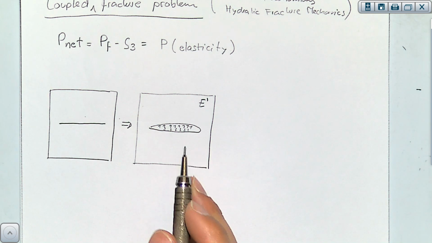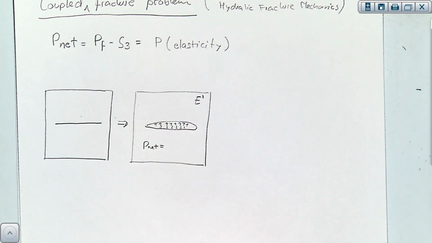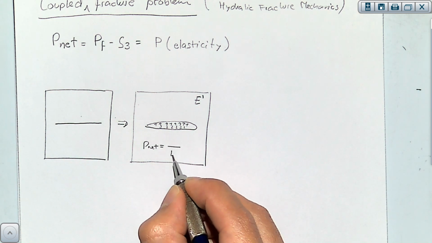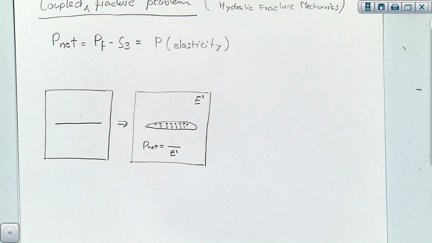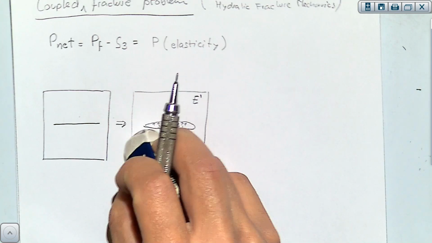And the stiffer the rock, the higher the net pressure is going to be in order to open that fracture.